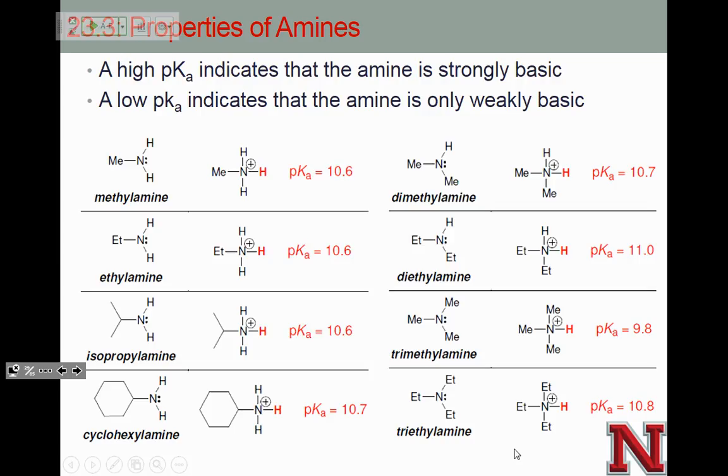They're not as strong of a base as O negative. They're much stronger than OH, of course. So they're not a strong base, which is why we often use things like pyridine, things like our triethylamine. And again, our triethylamine, which is here, we've talked about it a couple of times. It has a pKa in that range, but it tends to not be very nucleophilic because of the sterics.